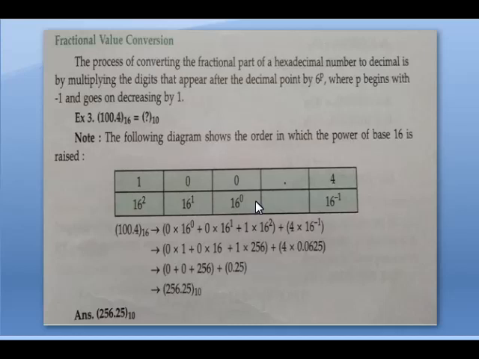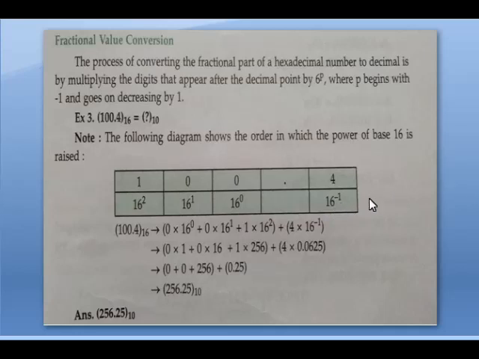In this class we are seeing how to convert the hexadecimal number to decimal. In the integer part, from right to left we have to increase the power, and for the fractional part, from left to right we have to increase the power.